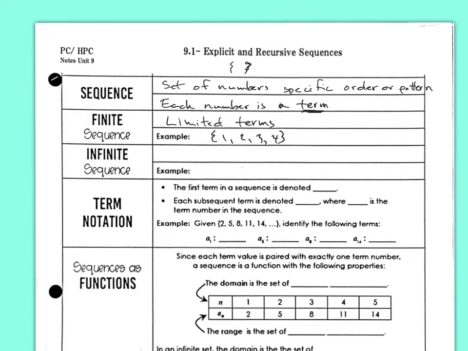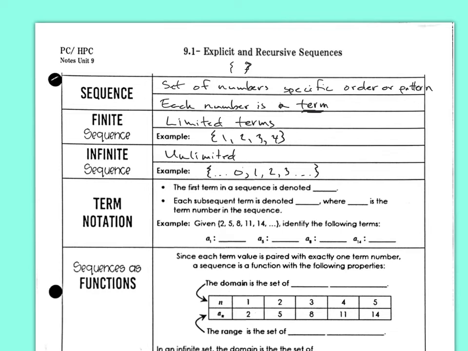And an infinite sequence is unlimited. It can start or end with those 3 dots. So we could have negative infinity, then go 0, 1, 2, 3, and then go to positive infinity, or you could have just the dots at the beginning or the end.